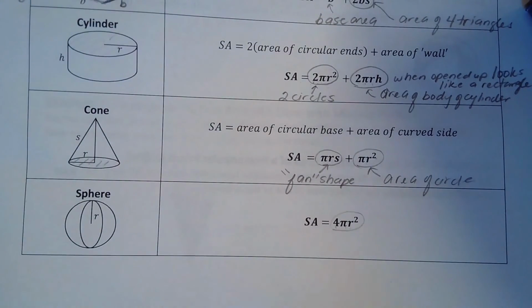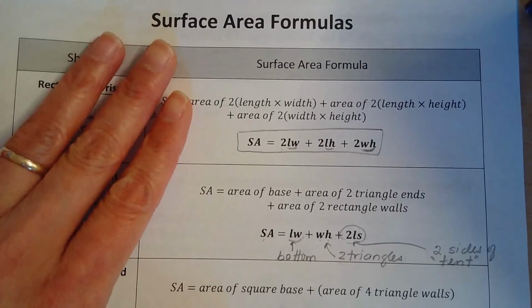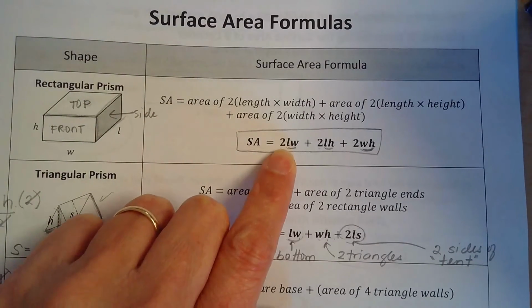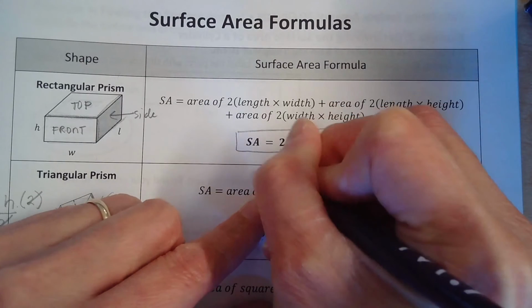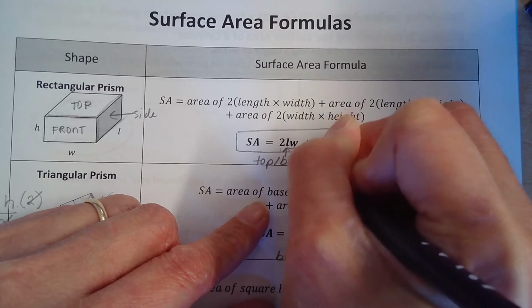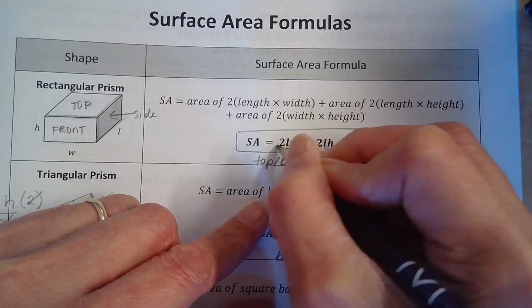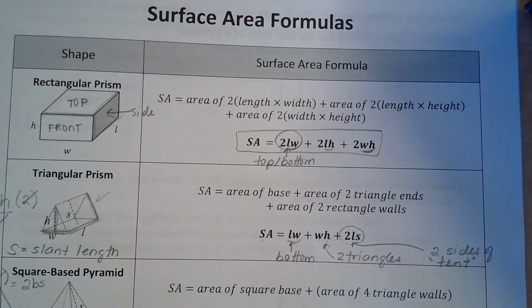Okay, so now that we're familiar with the formula, I'm going to go back in here. I'm going to put here top slash bottom. This top is the top and bottom.